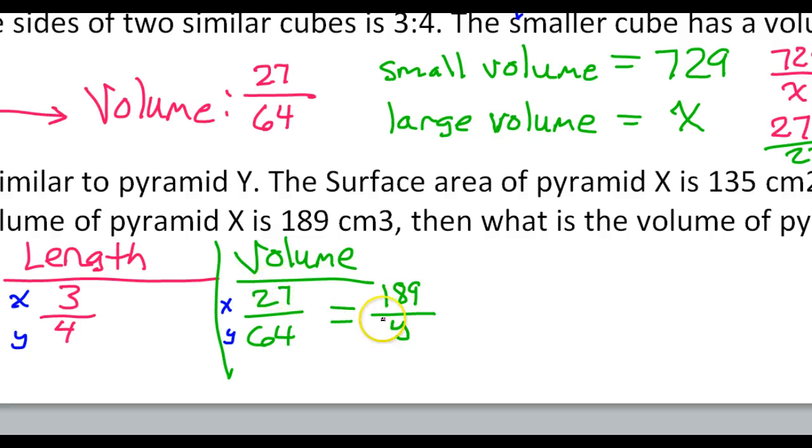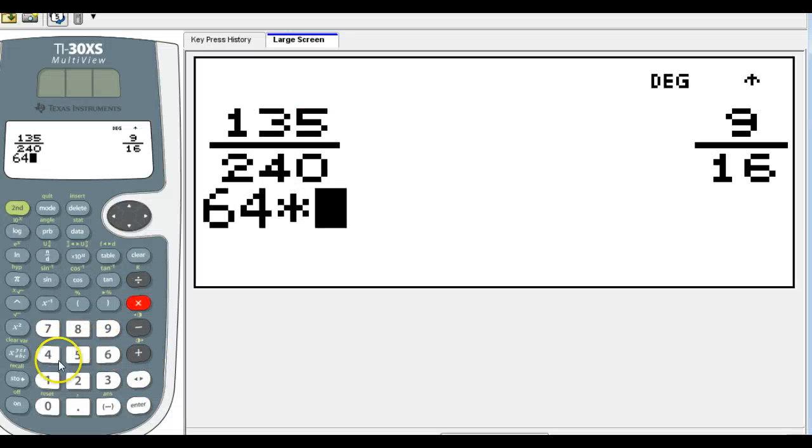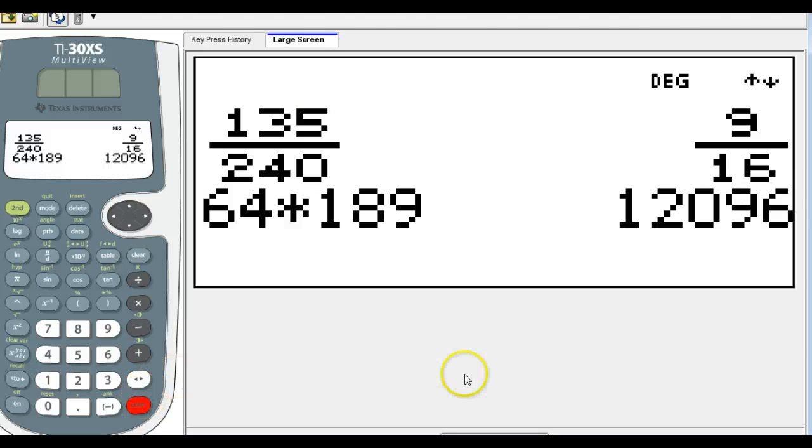Then you just cross multiply. That gives us 27y from this diagonal. Now 64 times 189 is 12,096.